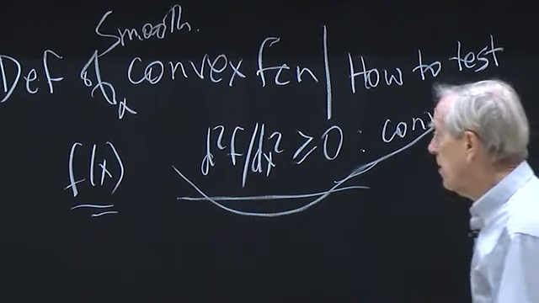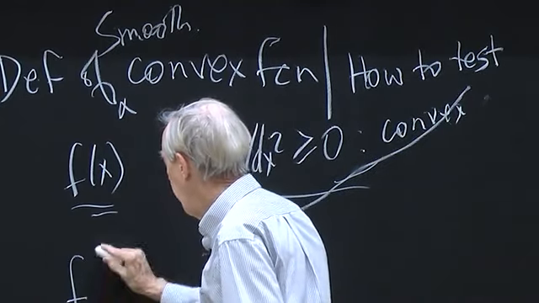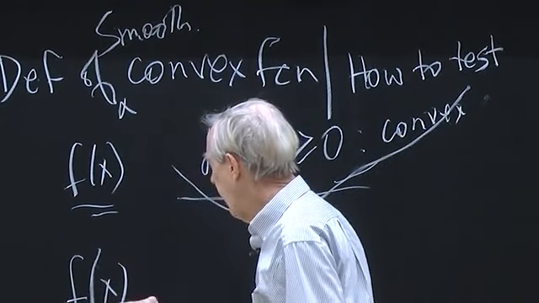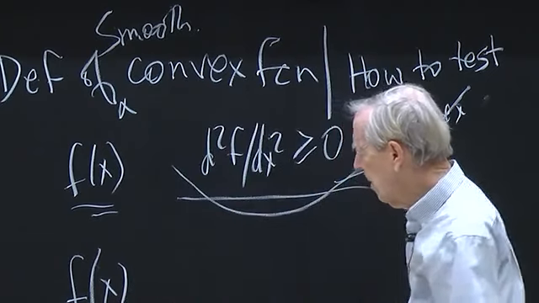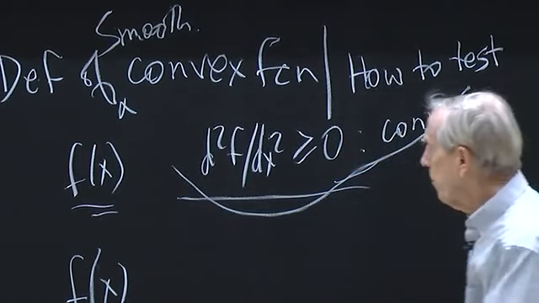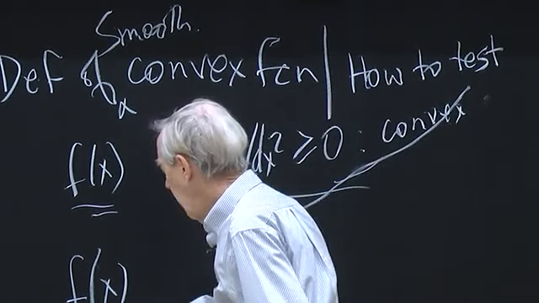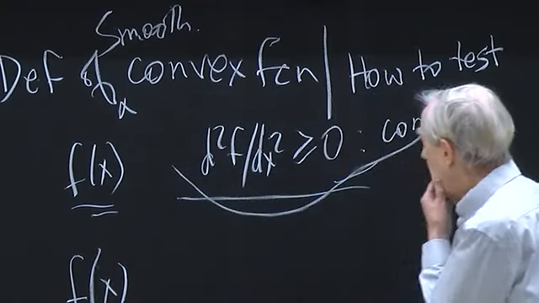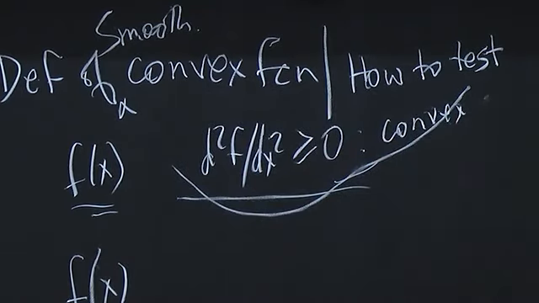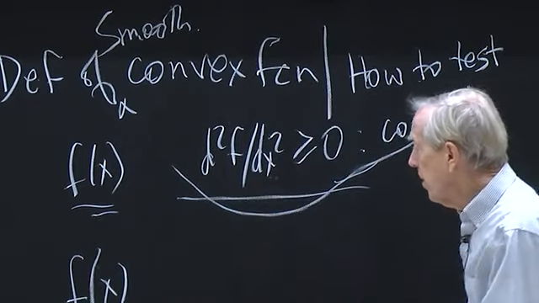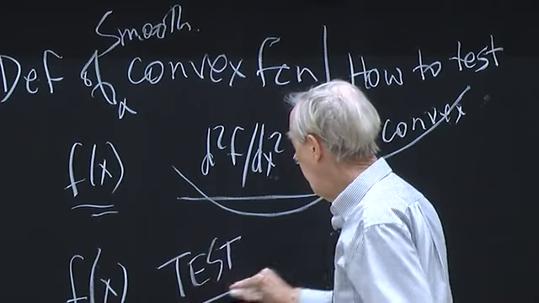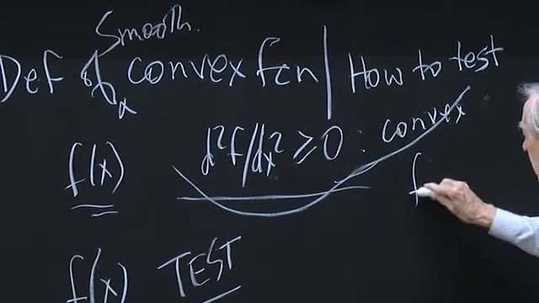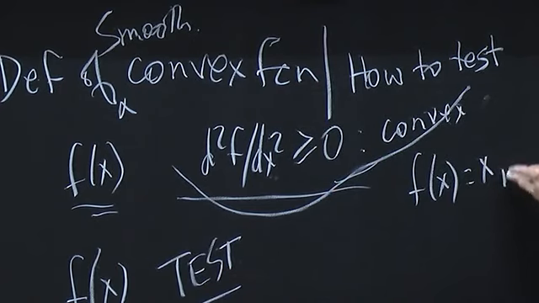Okay, final question. Suppose f is a vector. So I have n functions of n variables. No, I don't. I've got one function, but I'm in n variables. This was just one variable. What's the test for convexity? It would be passed, for example, by x1 squared plus x2 squared.